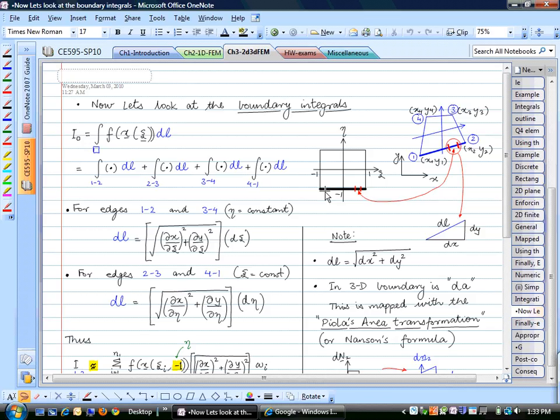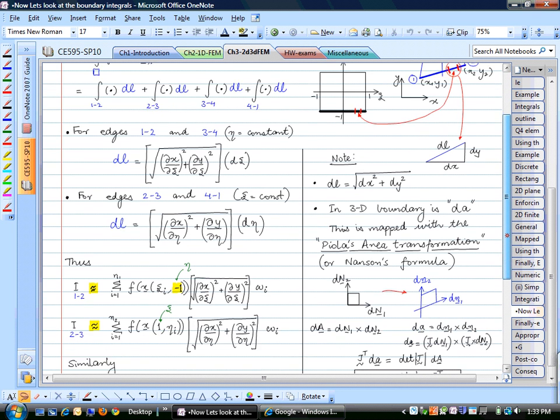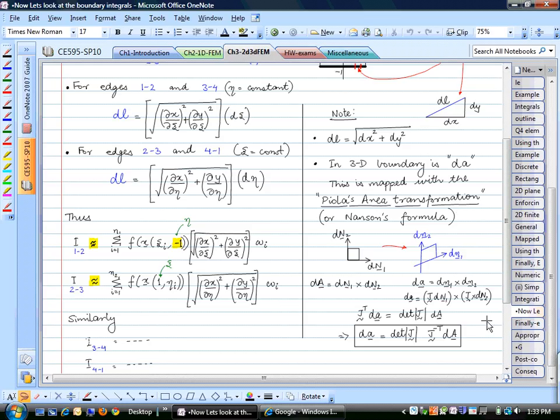If you want to integrate whatever quantity you have over the length, you should be able to convert that to a Gauss quadrature in one dimension along the edge. We also saw that this is related to the area transformation formula in 3 dimensions.